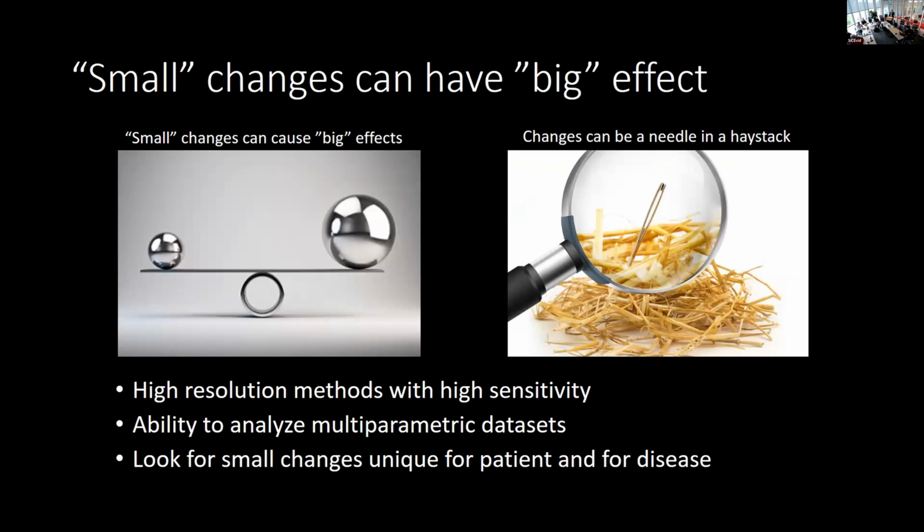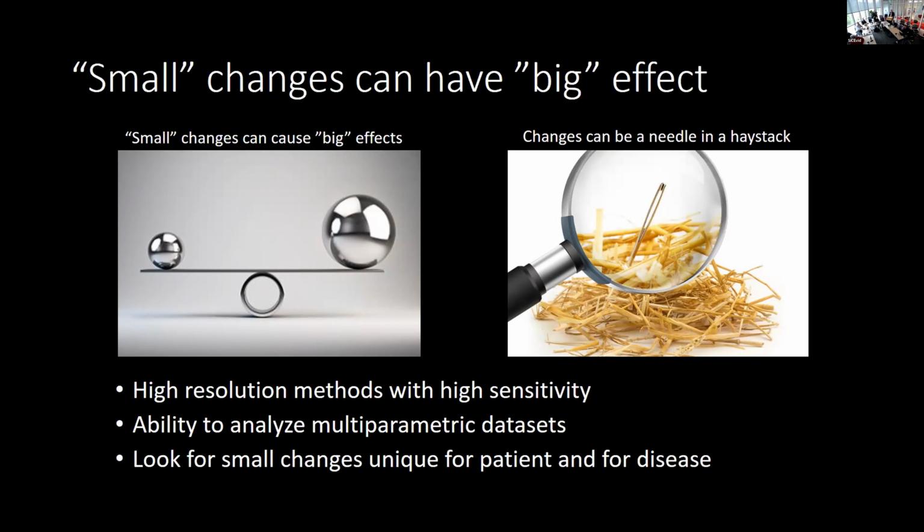There are a couple of ways to think about this. To make it achievable, we're going to be looking for very small changes that can have relatively large effects. Those changes are, to use some imagery, a needle in a haystack. That invokes the requirement for high-resolution methods with high sensitivity.